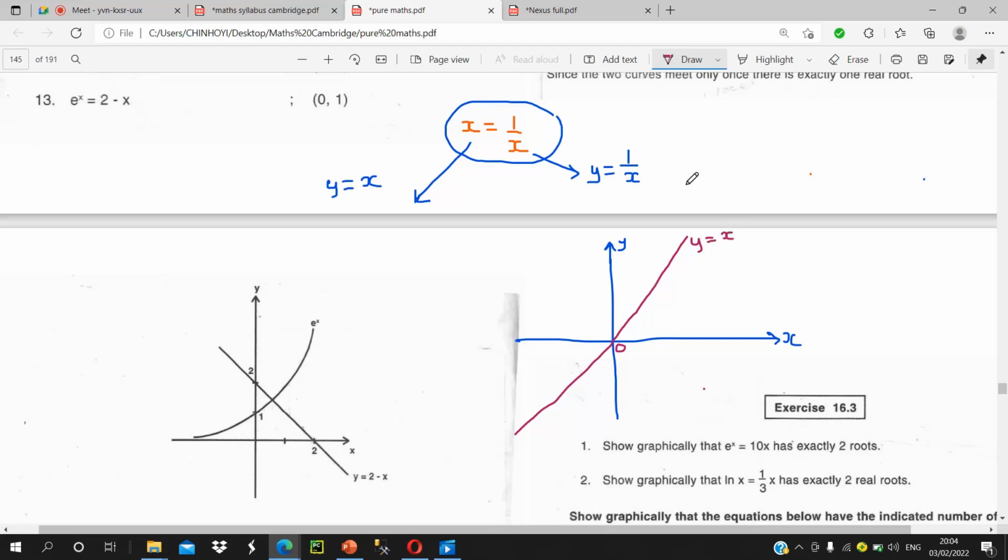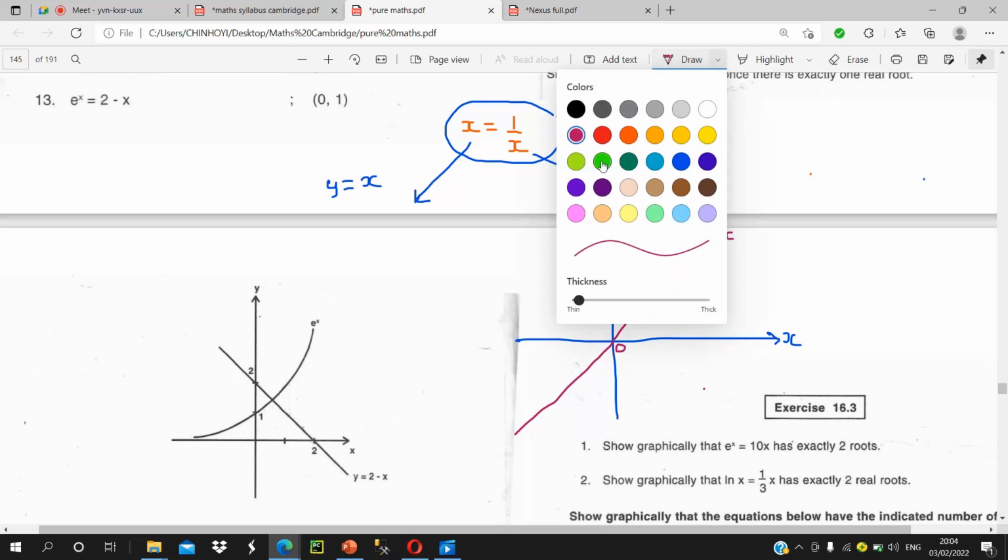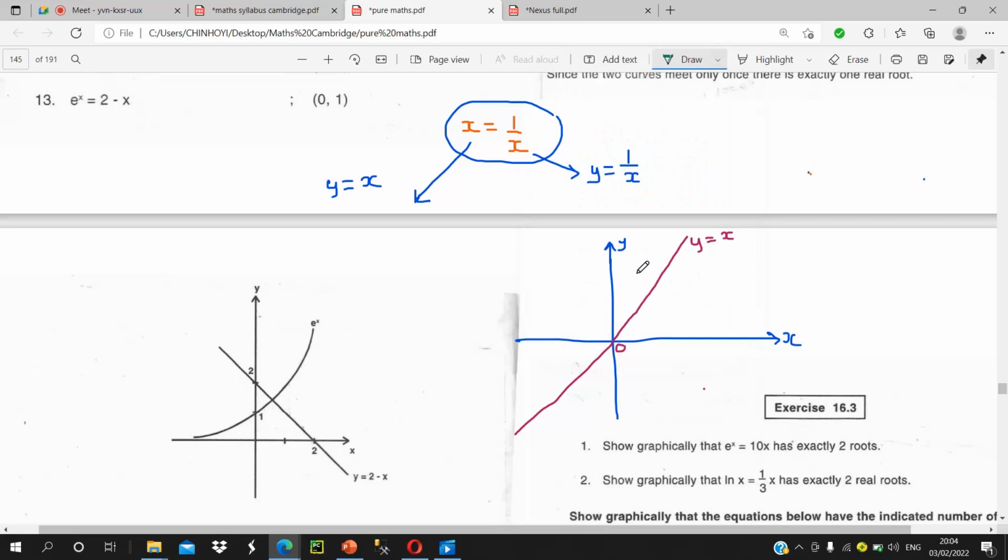Yes. Now let's go and draw the graph of 1 over x. You now know the graph for 1 over x. It's this one. And this one.